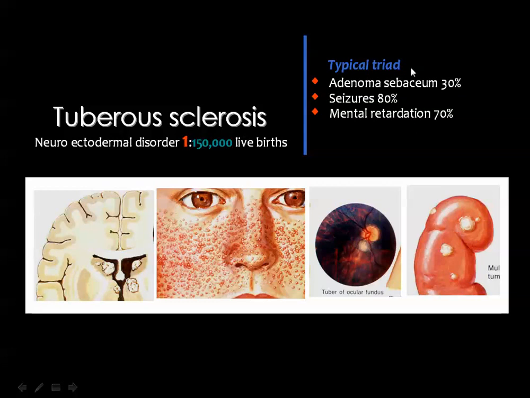By adenoma sebaceum, we mean that there are multiple cutaneous tumors located in the skin, and they also occur all over the body, everywhere, like in the retina and the kidney and many organs. This adenoma represents some of the tumors of tuberous sclerosis, which are mainly formed of normal tissue in abnormal location, so they are known as hamartomas.